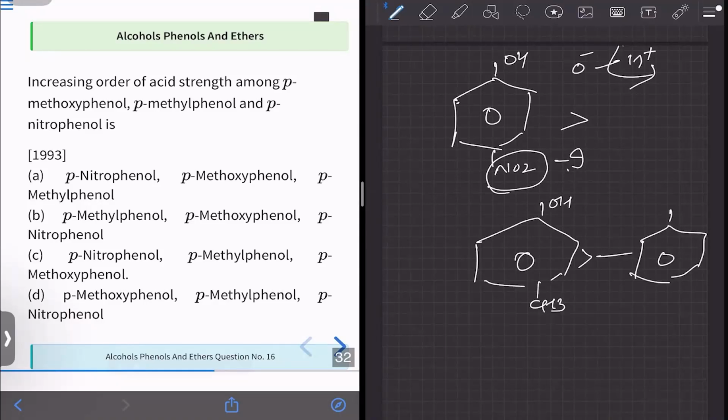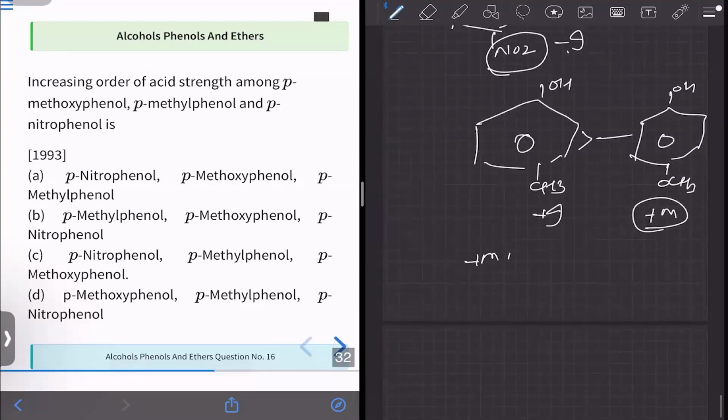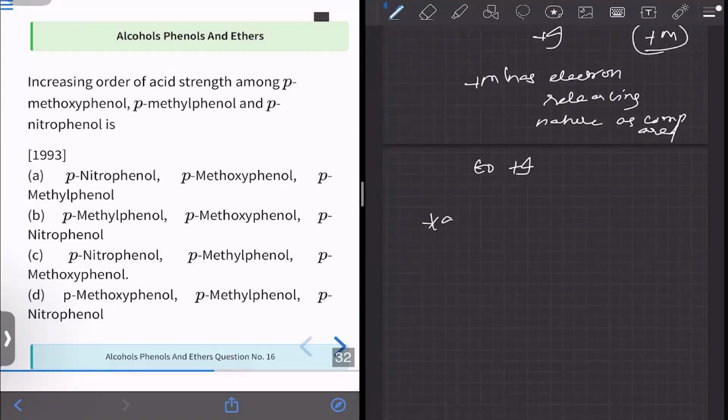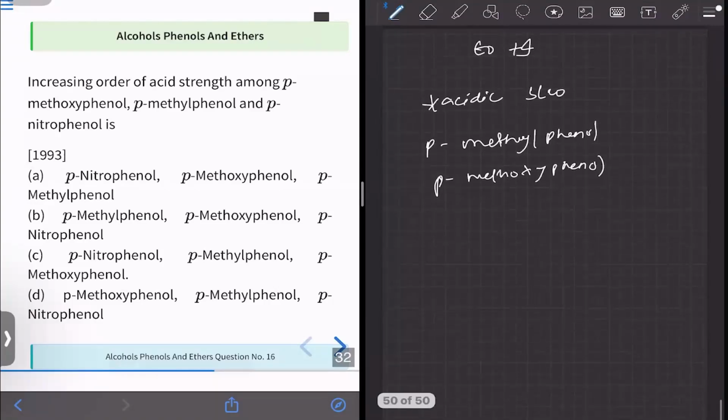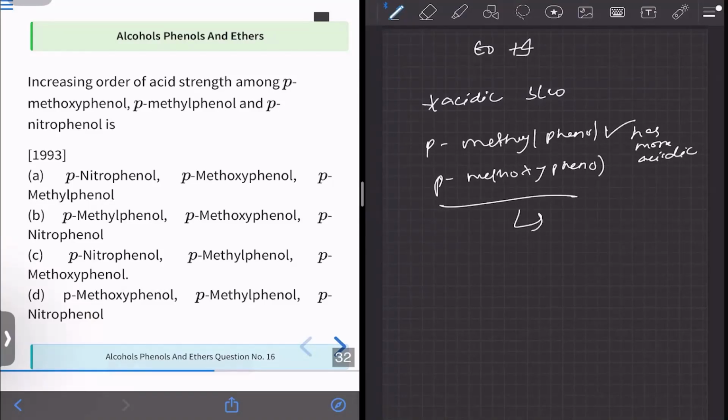How can we compare between them? CH3 is plus I and OCH3 has comparatively more plus M, so plus M has more electron releasing nature as compared to plus I. So between paramethylphenol and paramethoxyphenol, paramethylphenol has more acidic nature as compared to paramethoxyphenol, because paramethoxyphenol has more plus R effect as compared to minus I effect, so it has less acidic nature.